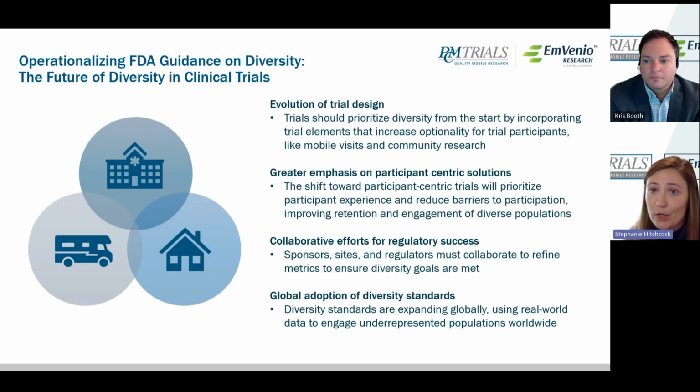Partnering with partners such as PCM Trials and EmVenio Research to look at what solutions are available to meet those diversity goals. What additional things can be put into the protocol or into your trial design to ensure that you're meeting those goals? It's wonderful to look at that within your organization, but really no one can be an expert in everything.